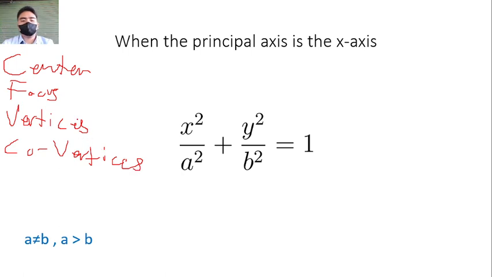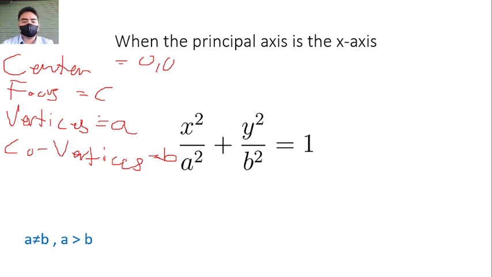Alright. So for your focus, let's just say it is C. For your vertices, it is A. And your co-vertices is B. Alright? So if your center is at the origin, it is 0 and 0.